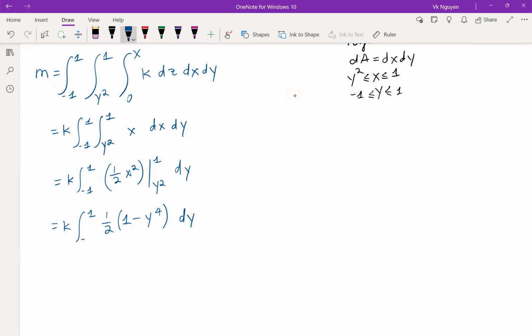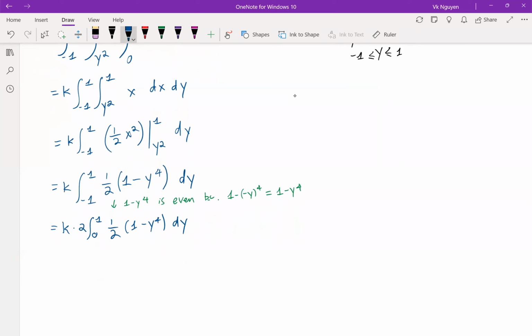Well, this is integration from -1 to 1. Is this function even? Yes or no? K times 2, 0 to 1, half of 1 minus y to the 4 dy. And what do we have?